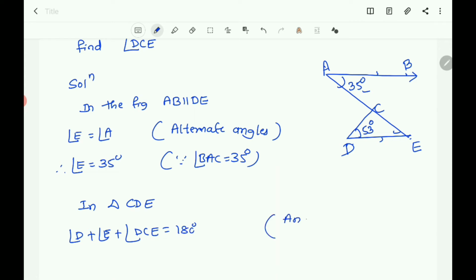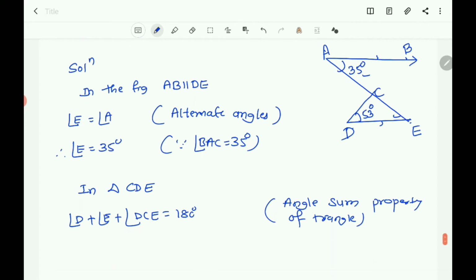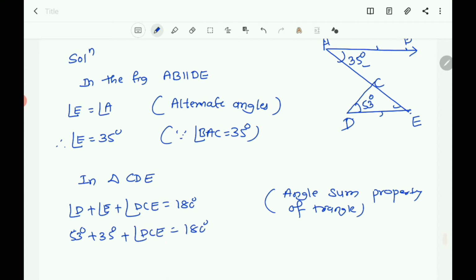That is the angle sum property of a triangle: the sum of three angles of a triangle is 180 degrees. So here angle D is given, that is how much? 53 degrees, plus angle E, that is 35 degrees, plus angle DCE is equal to 180 degrees.